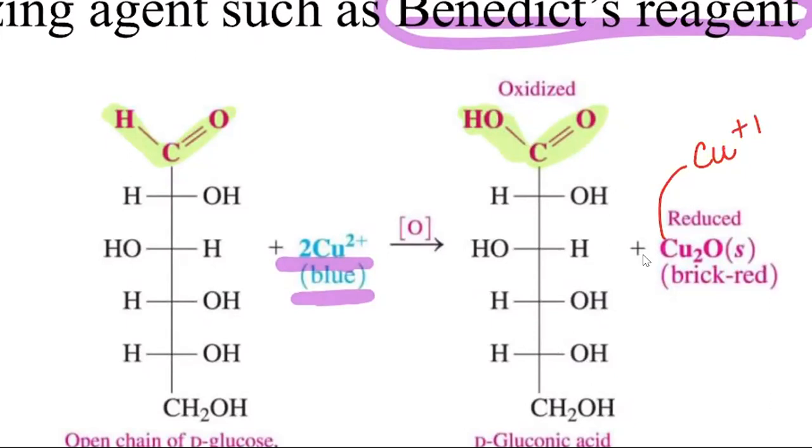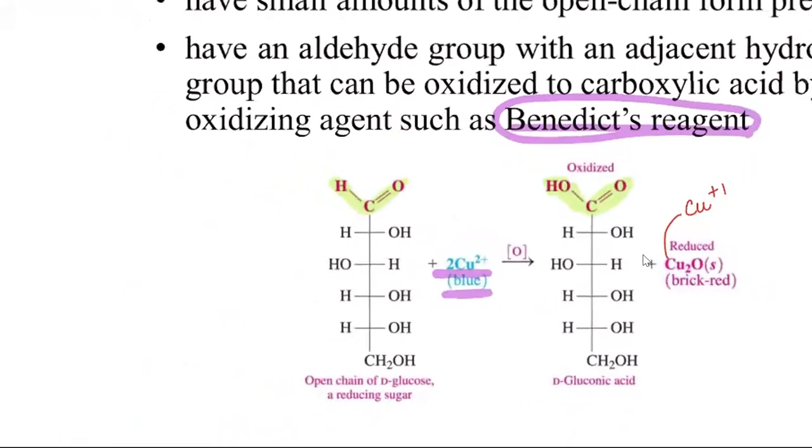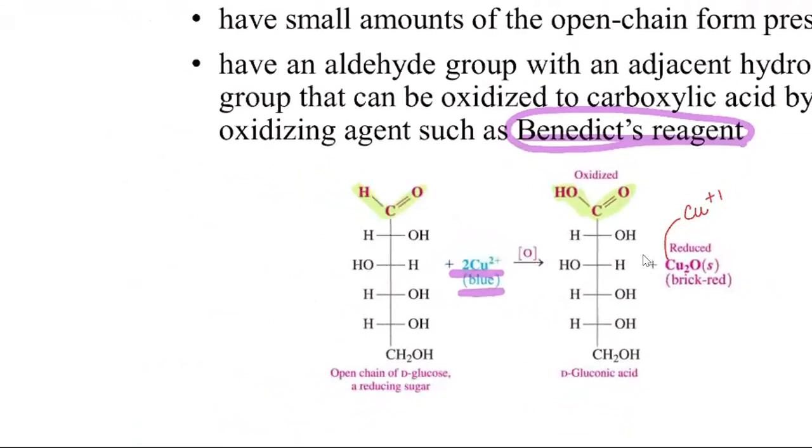Now, understand that whenever you do the Benedict's reaction on any carbohydrate and you see that blue to red transition, that means that we have what is called a reducing sugar. Just keep note of it, it's called a reducing sugar.